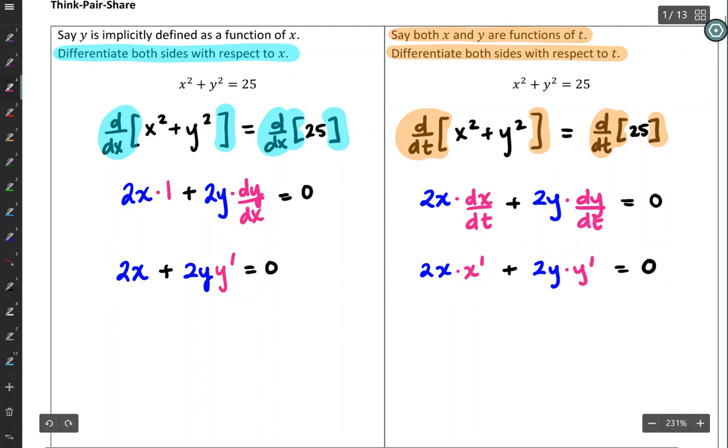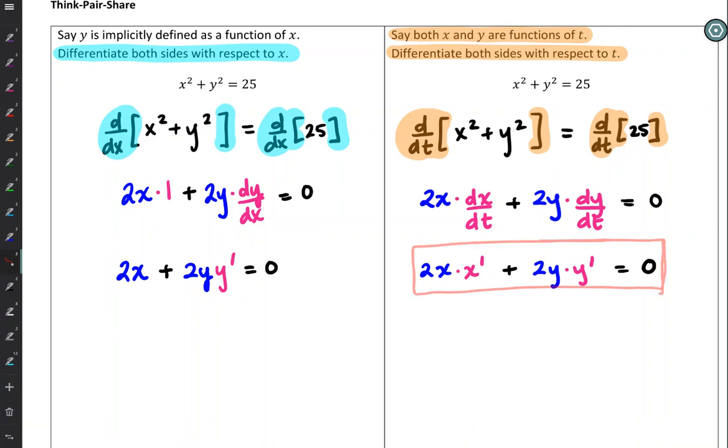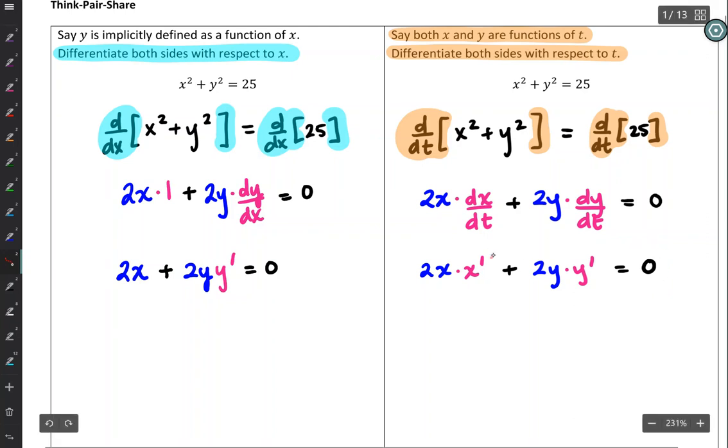You really were doing that here originally, but x prime, the derivative of x with respect to x, is 1. What's going to happen for us in our related rate problems is that any time you have a variable that is changing over time, you're going to multiply by that thing's derivative right after.